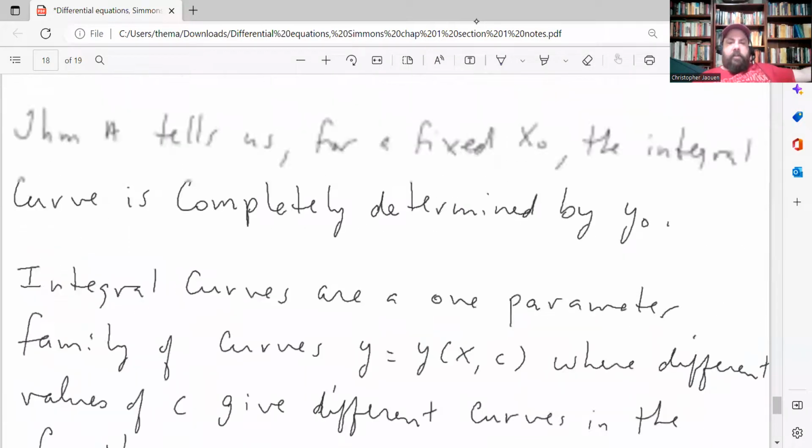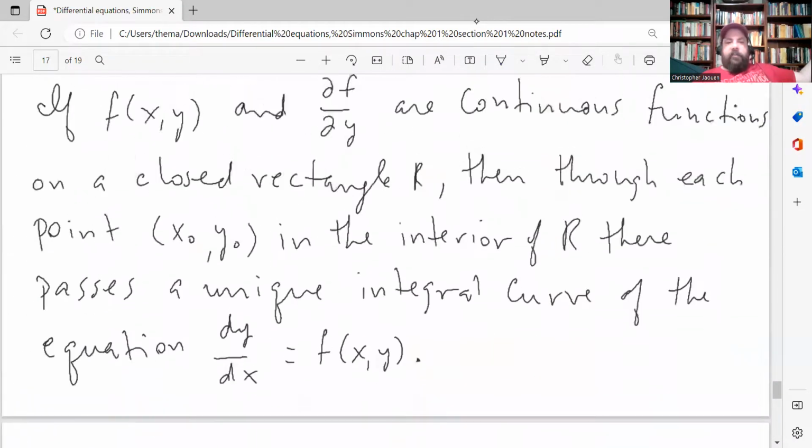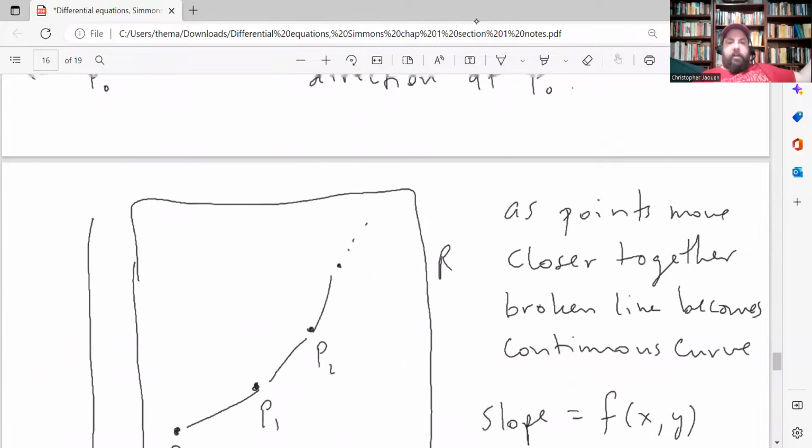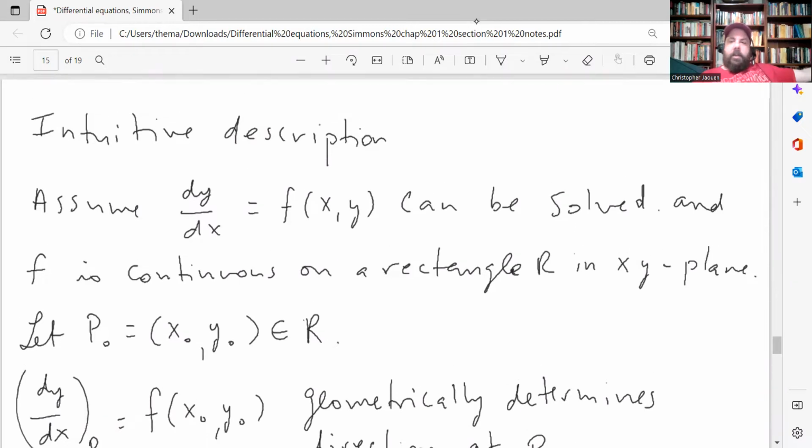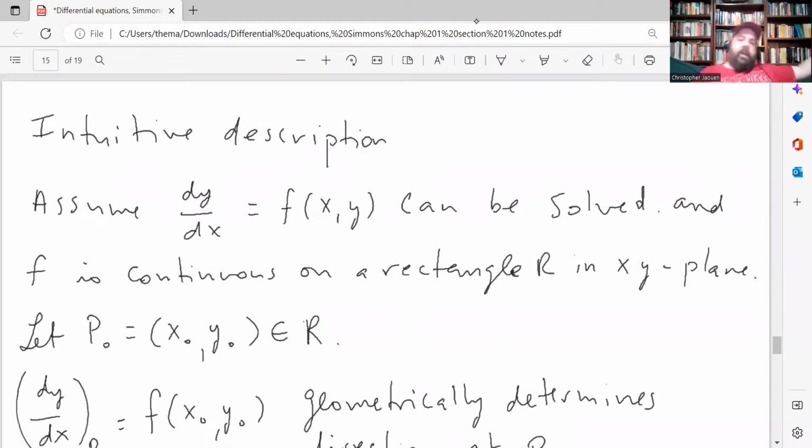But let me go back real quick. This is basically the end of the notes, except for that one part that I skipped over, where he just gives a little bit of intuition about what the differential equation tells you. So if you assume that dy/dx is f(x,y), assume that it can be solved, and f is continuous on some rectangle in the xy plane.